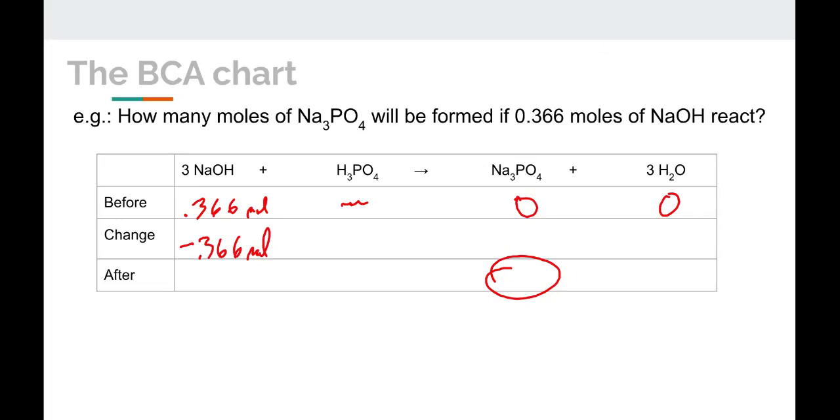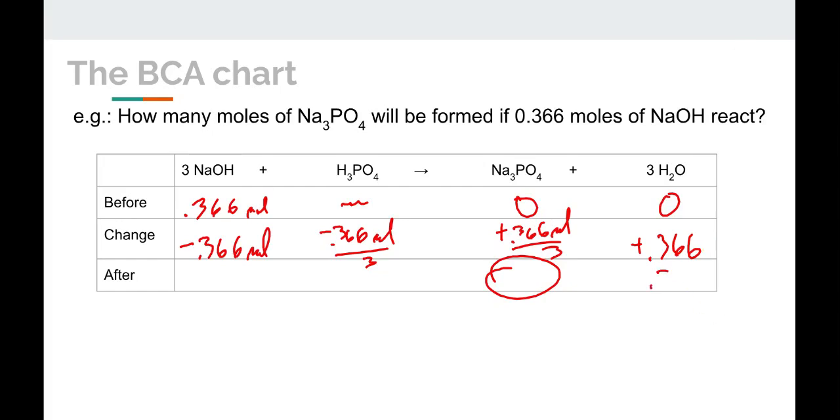Because the mole ratio is 3 to 1, we will lose 0.366 moles over 3, only 1/3 the amount of H3PO4. We will gain 0.366 moles over 3 moles of Na3PO4, and we will gain 0.366 moles of water.